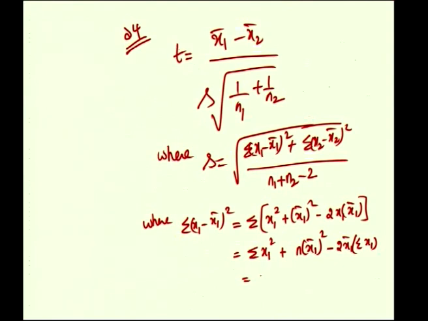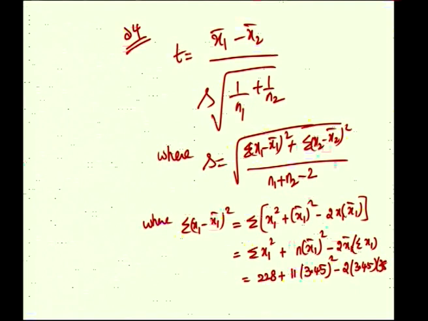So, summation x1 square is 228 plus n is 11 and then x1 bar is 3.45 square minus 2 into 3.45 into summation x1 is 38.